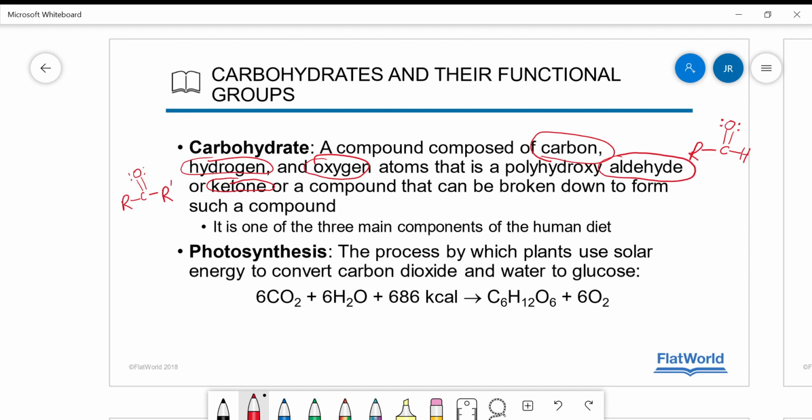If they were different, I would call one of them prime. But again, we have essentially a carbon double bonded to oxygen sandwiched between a carbon and a hydrogen in the case of an aldehyde, and sandwiched between a carbon and another carbon in the case of a ketone.